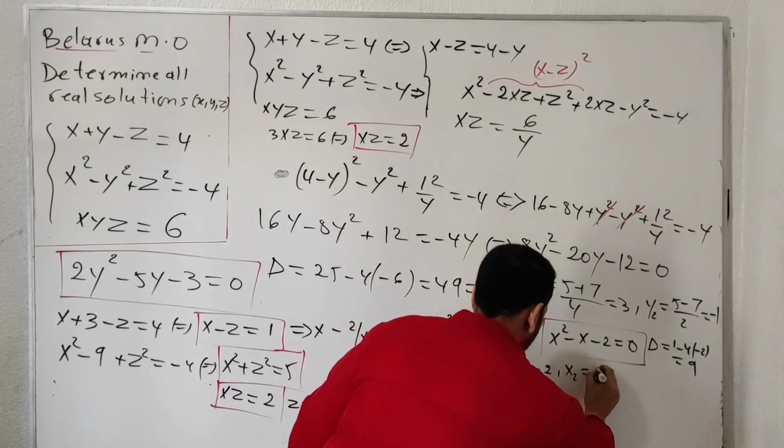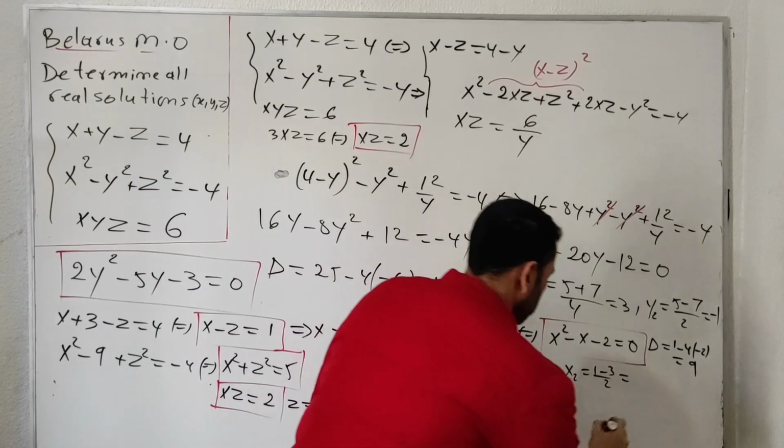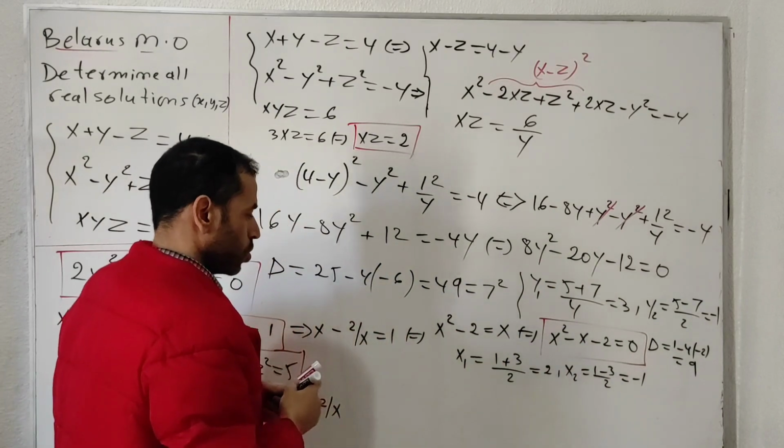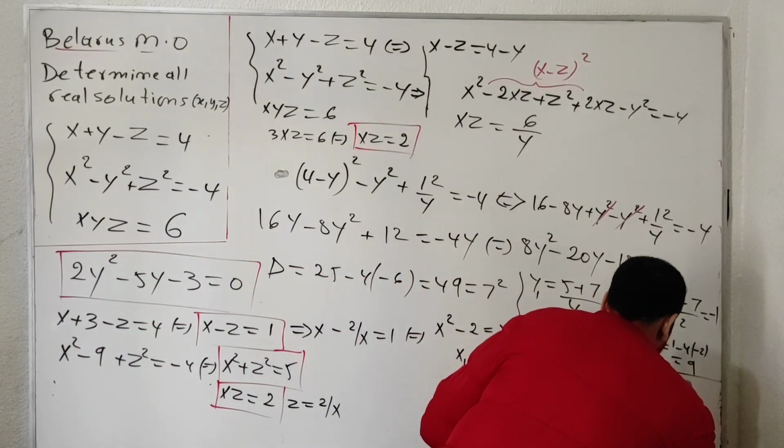The second one, I will have 1 minus 3 over 2, which is minus 2 over 2, which is minus 1. So I found two values of x: x1 equals 2 and x2 equals minus 1.